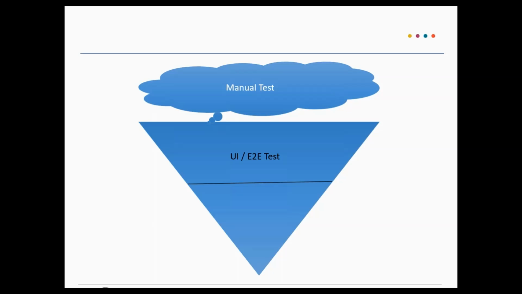We use various available tools to automate those test cases, either at the UI or end-to-end level. We also automate the integration test cases, where we try to verify components when they are talking to each other, or there is some message exchange or data exchange happening.